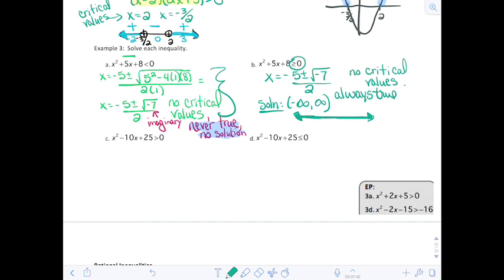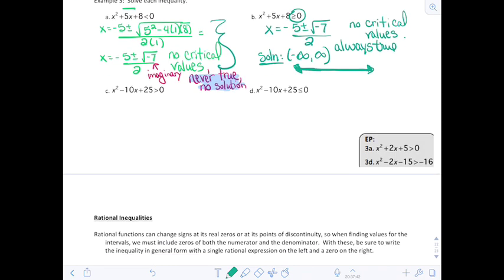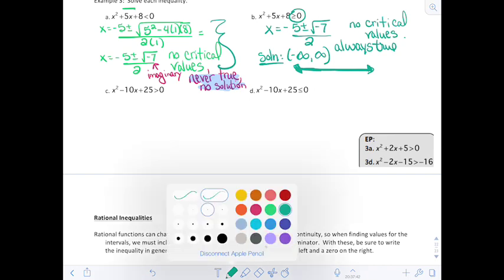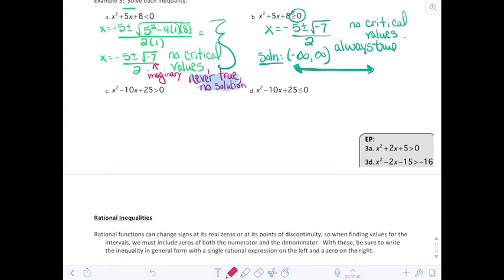Okay, let's look at C and D. So again, notice with C and D, they are the exact same polynomial. One says it's greater than 0, and the other one says it's less than or equal to 0. So let's see what's special about these. I can factor x squared minus 10x plus 25 to x minus 5 squared. That's a perfect trinomial square, being greater than 0.